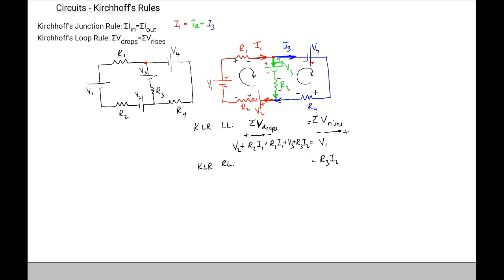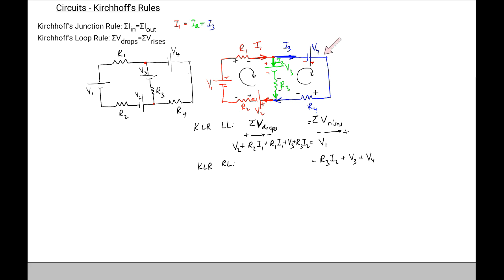Then the next element is the battery, and we're going from negative to positive, which is also a rise. So we put that on the rise side of the equation. Then we leave I2 and continue with I3, and I3 goes through V4 from minus to plus, which is another rise. So that is plus V4.